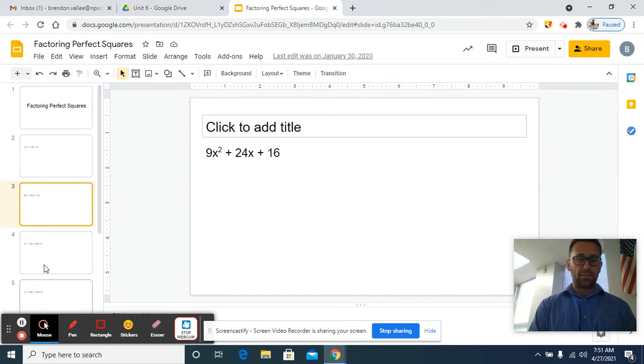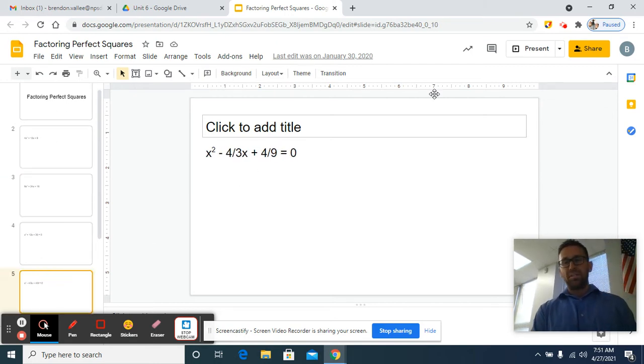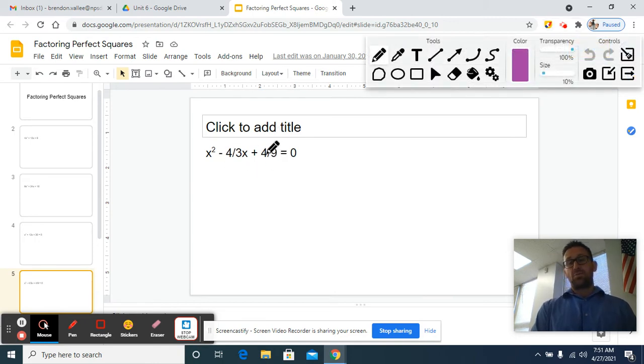So let's look at another one. The equals 0 we'll get to in a second, but maybe this one would be a good one because 1 is a perfect square and 4 and 9 are both perfect squares. So the square root of x squared is x. Square root of 4 is 2.